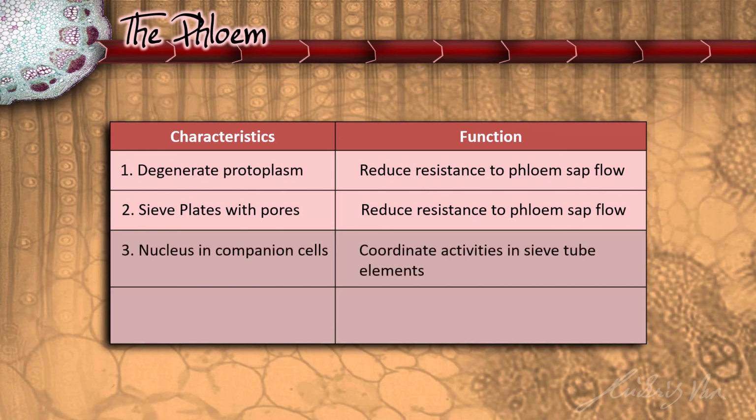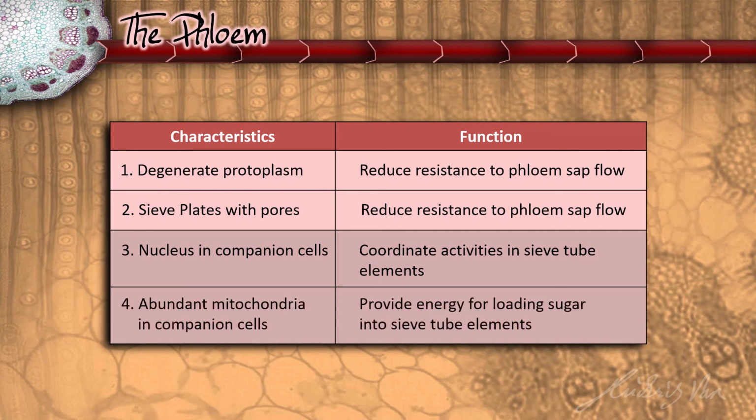The nucleus in the companion cell is to decide which part of the plant requires the food, so it will transport sucrose to that part according to which part has a higher demand. Inside the companion cell, there's also an abundance of mitochondria. This is to provide energy to control the direction where the food or the sucrose is flowing to.